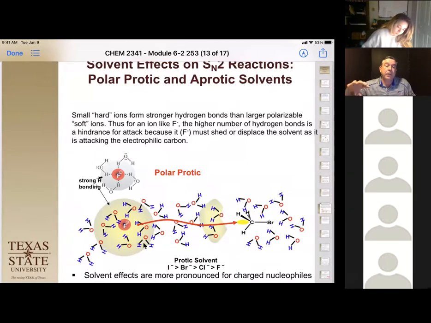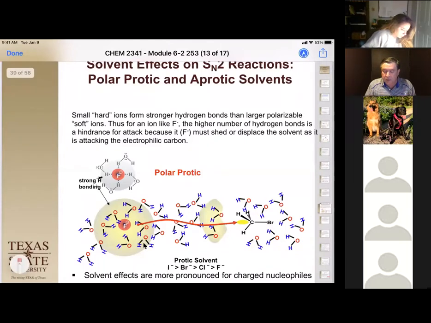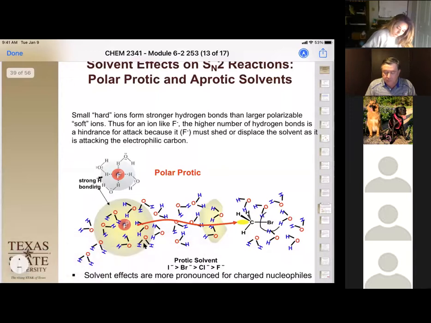So the ability of the water to surround that leaving group and get it ready to leave is also important for our system. So in this polar protic solvent, because of this tight shell and loose shell, our iodine is more reactive than bromine, bromine is more reactive than chlorine, and fluorine is the least reactive of the set.